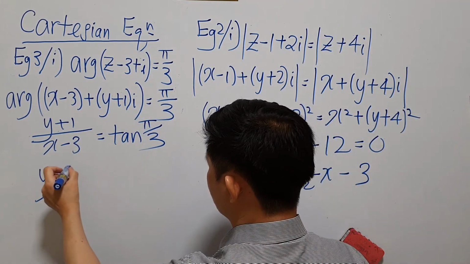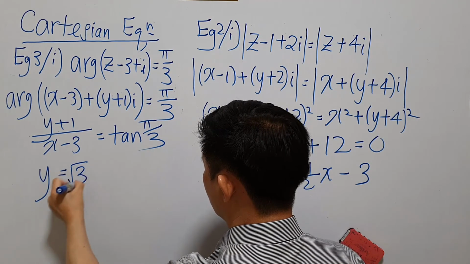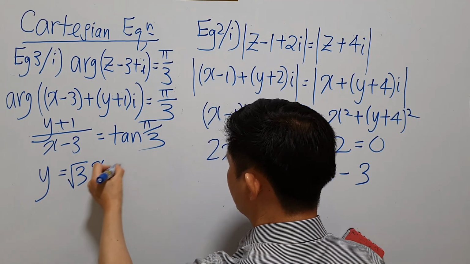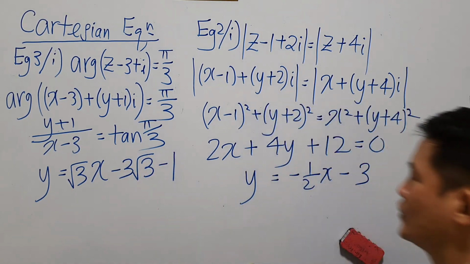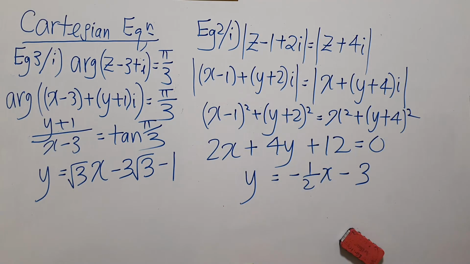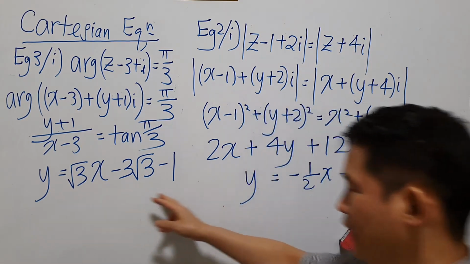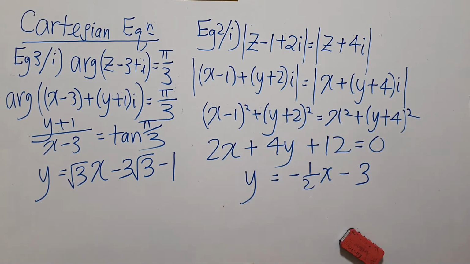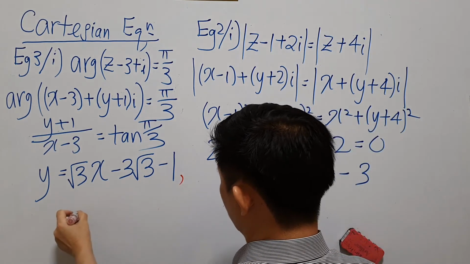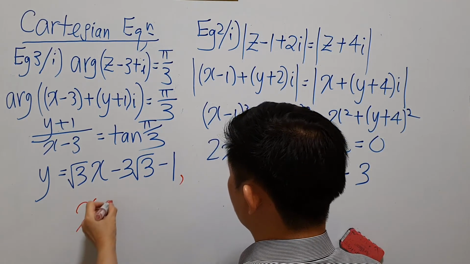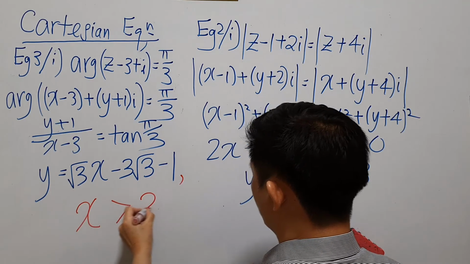Once again, this gives me root 3x minus 3 root 3 minus 1. So this is the equation of the half line that we saw earlier on. However, if you look at this equation, this is actually the equation of a full line. So to make it a half line, for this particular question, you have to impose a condition. You have to impose a condition that x in this case must be more than 3.